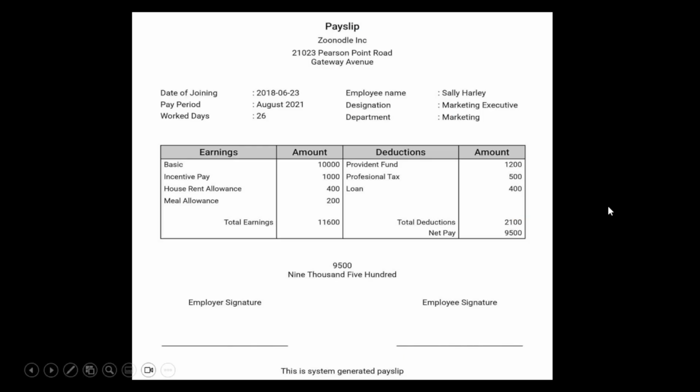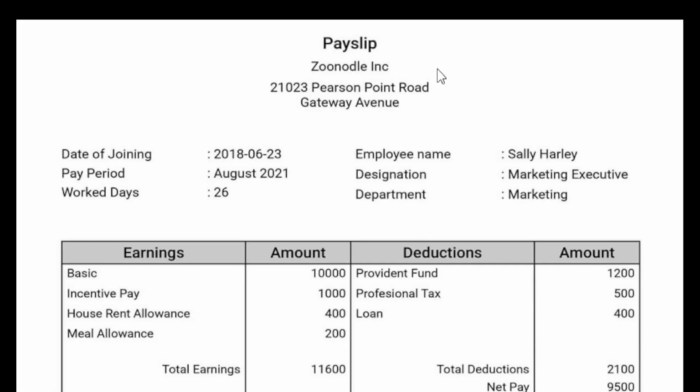Now, some of the things that they can ask you, and we're just going to read through this so that we can understand, is obviously it's indicating to us that this is a pay slip. Now, they might ask you for the company that this individual works for, because remember, this is given from the company to the employee.